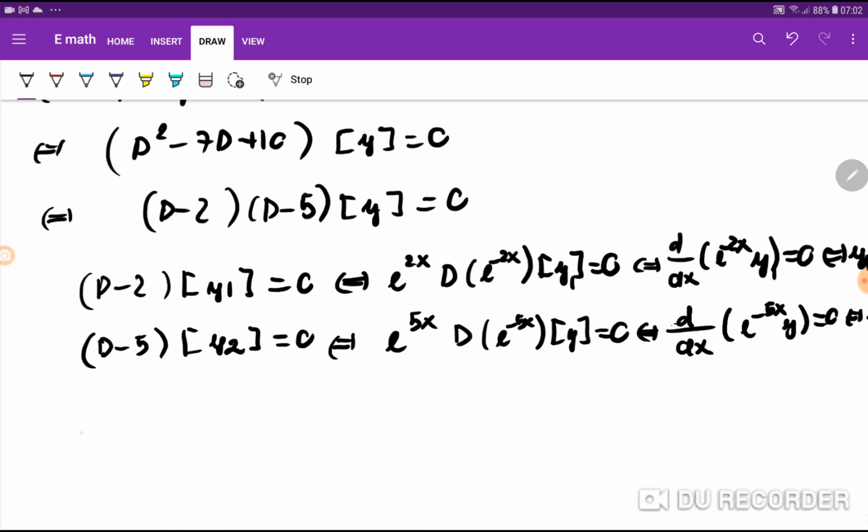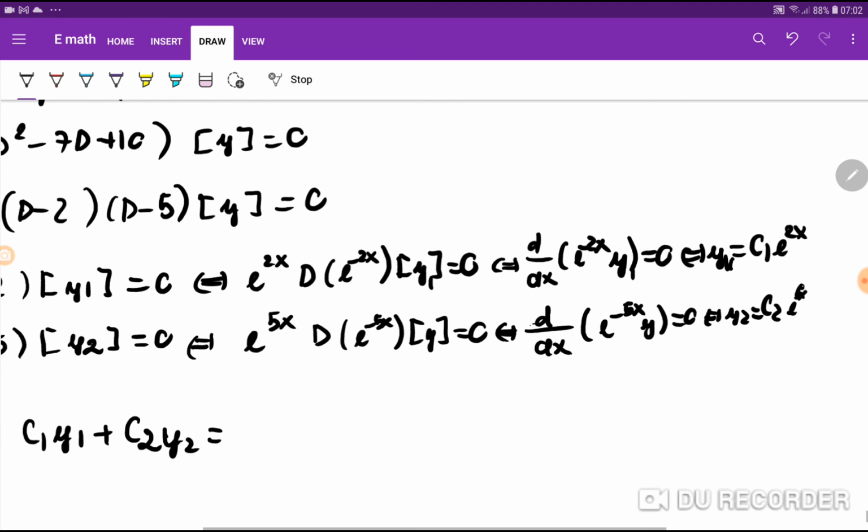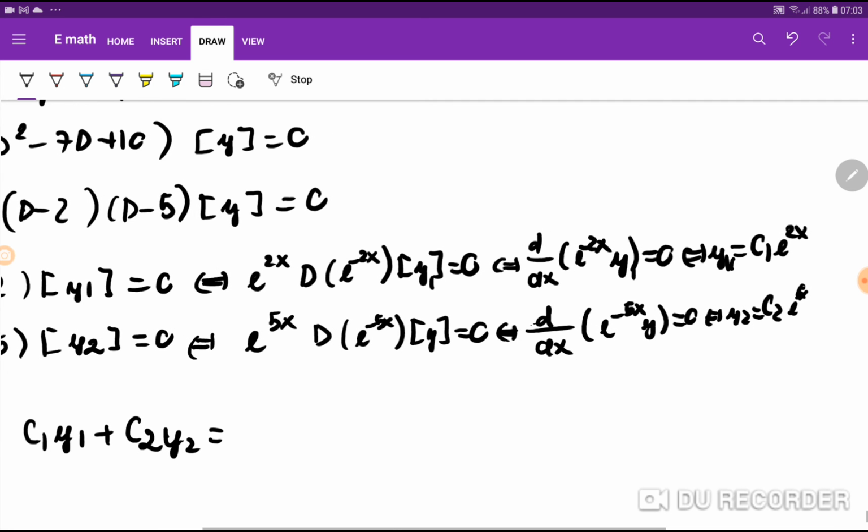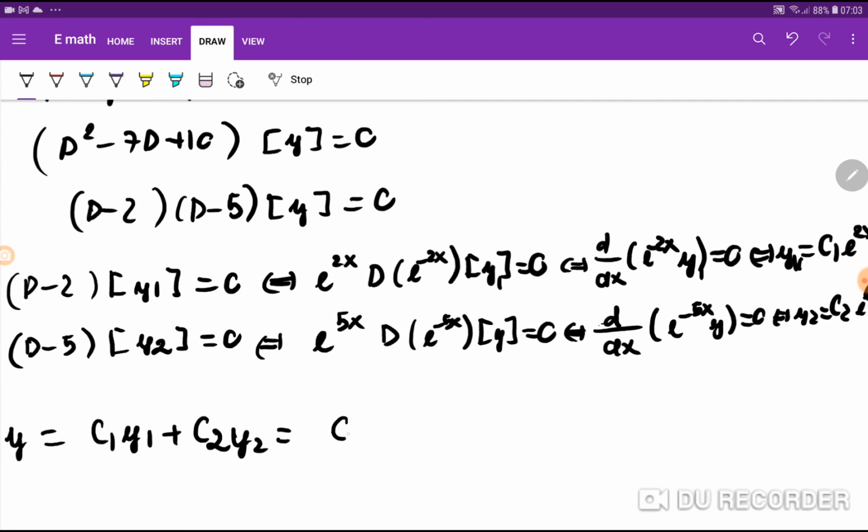Then you can say y is C1 y1 plus C2 y2, that is C1 squared y1 plus C2 squared y2. C1 squared is just a number, so I can replace it with C1, and C2 squared is a number, so I can just rename it as C2.